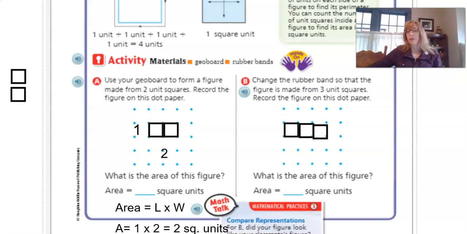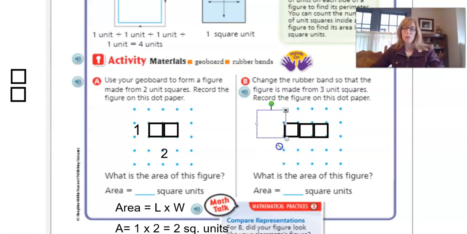We are going to put our numbers next to them. So how many do we have on this side? We have one group, and then over here we have one group of 3.